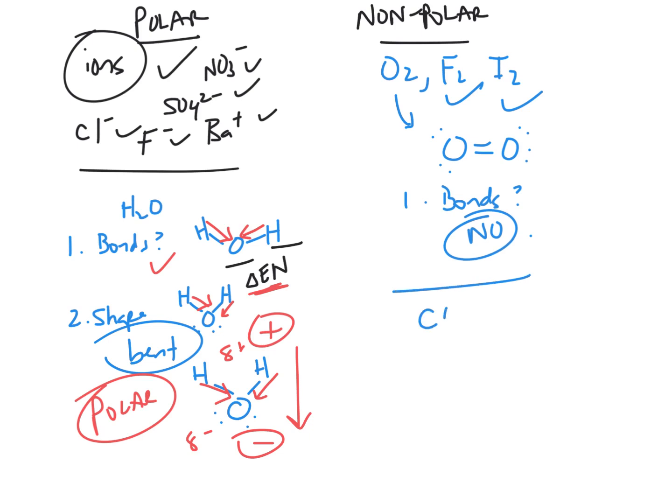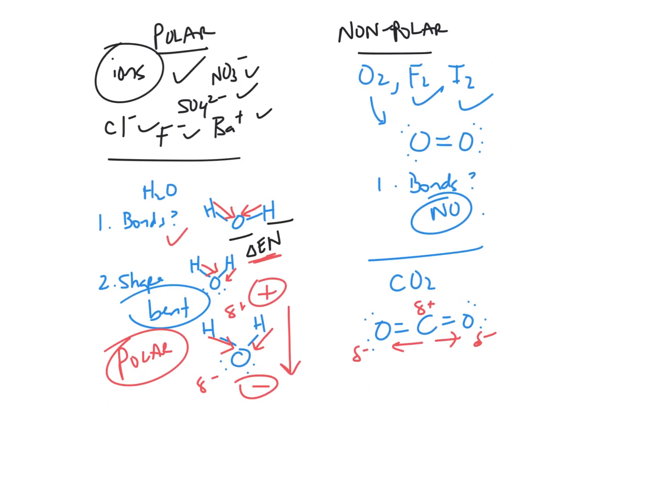Well, what about something where the bonds do have polarity, like CO2? If we make the Lewis structure for CO2, we're going to come up with this. And indeed, these bonds are polar. The CO double bond is polar, and each of them pulls in opposite directions. So you'd have partially negative oxygens and a partially positive carbon in the middle.